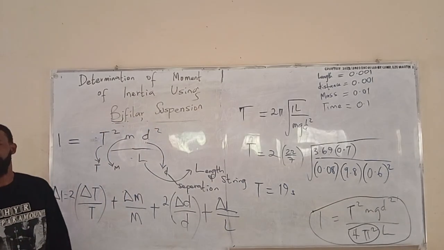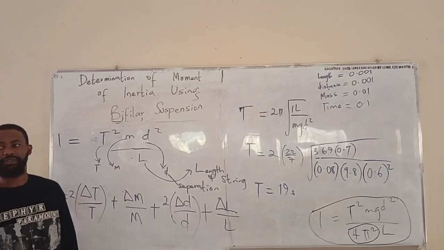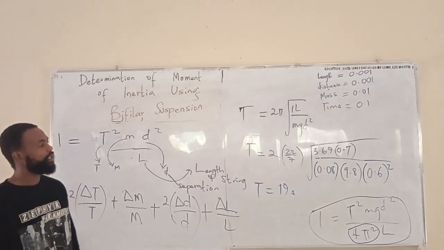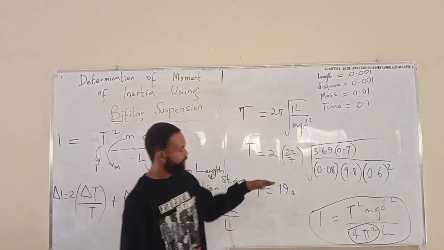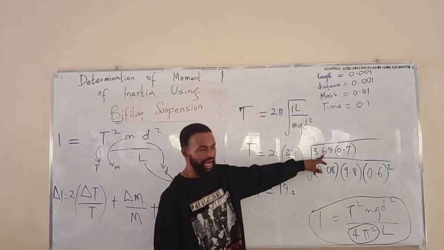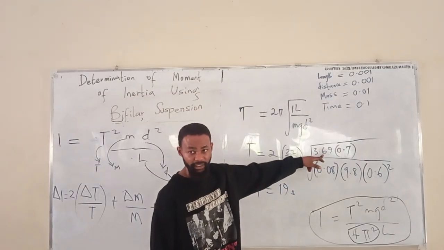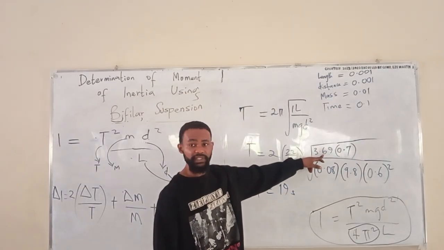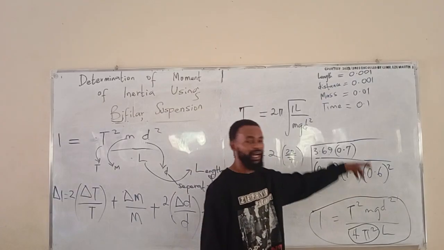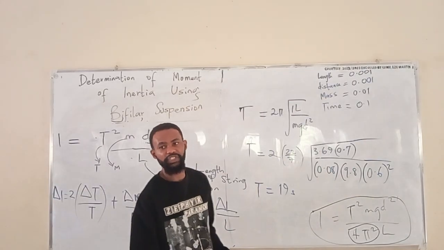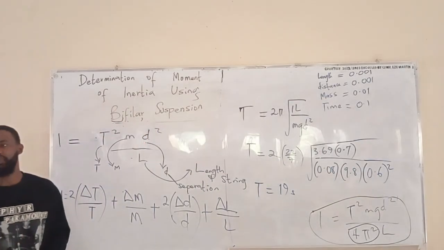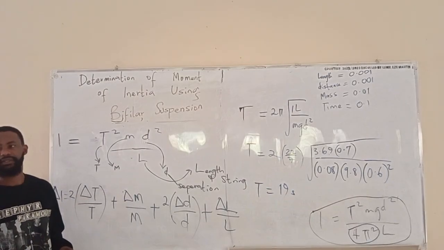Are you getting the point, class? Which one? I said this 19, we got it because we assumed that general standard. The distance was gotten by summing up and then taking the average. Sum up all the distances you have. Take the average.